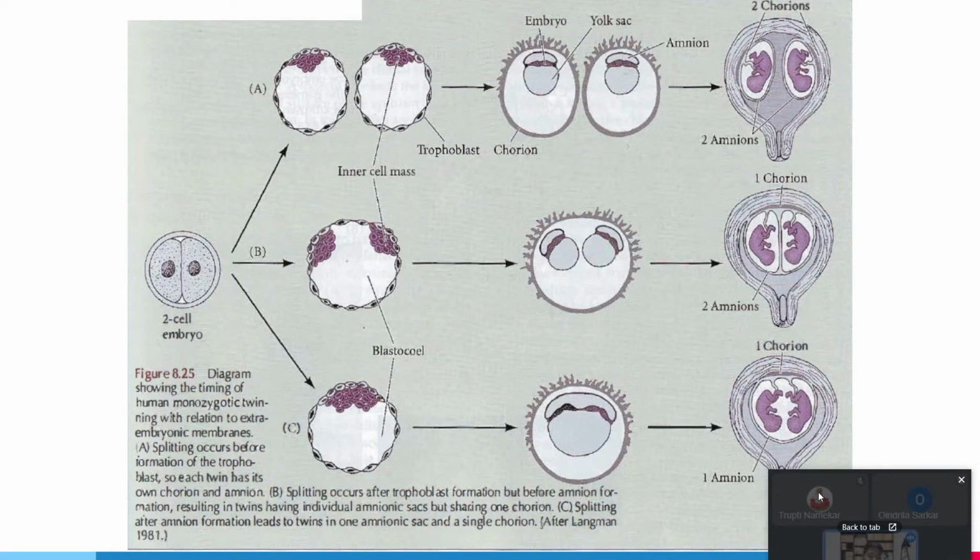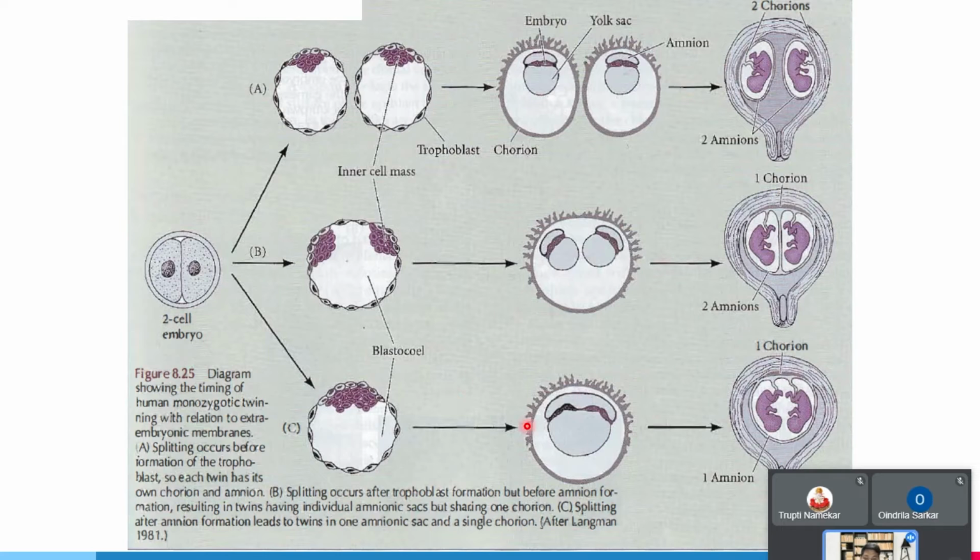So we see that this particular zygote will give rise to only one amniotic cavity, because the amniotic cavity is determined by the ICM. So after a particular stage, once the amnion has started to develop, if after that the embryo divides into two, we have two embryos developing in only one amnion and one chorion, obviously, because there is only one trophoblastic layer.